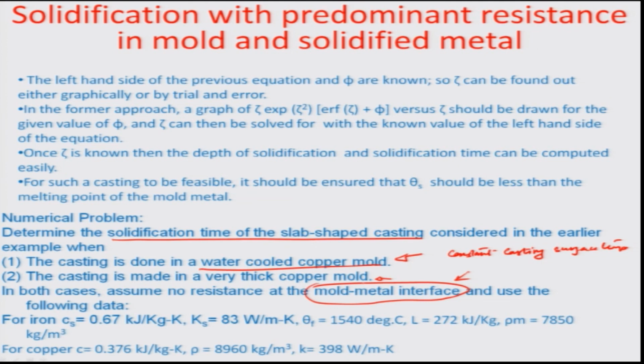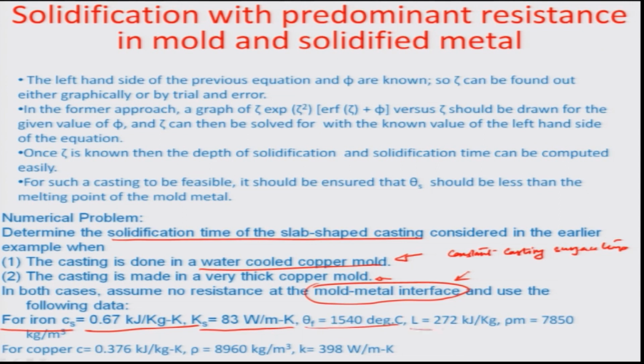So, the following data is given for iron. For the solid metal the specific heat capacity is 0.67 kilojoule per kg Kelvin. The thermal conductivity of the solid iron metal is about 83 watts per meter Kelvin. θf, the freezing temperature, is 1540 degrees Celsius.